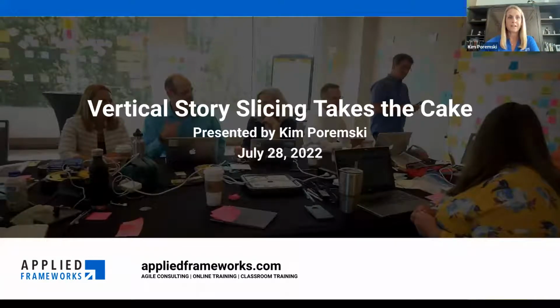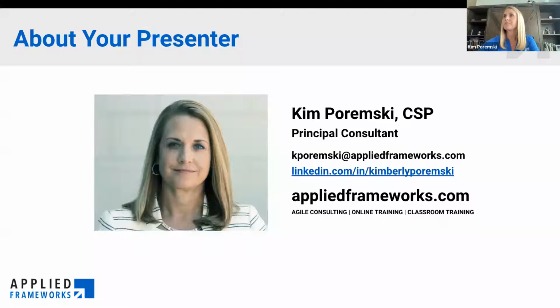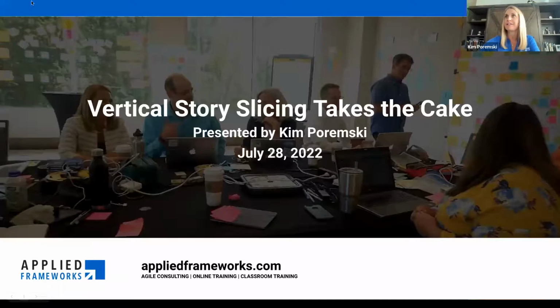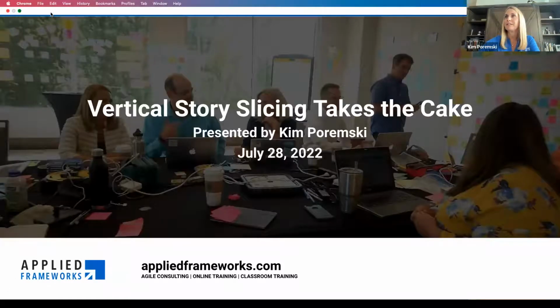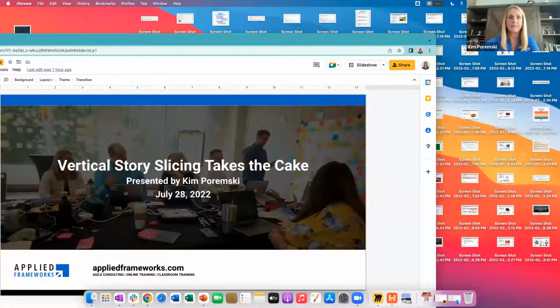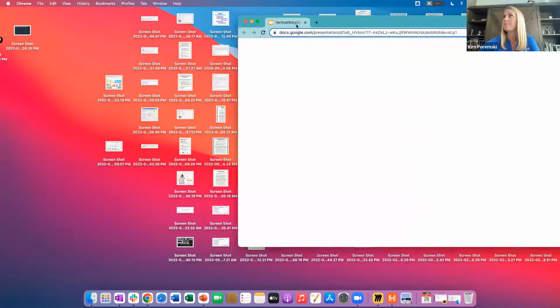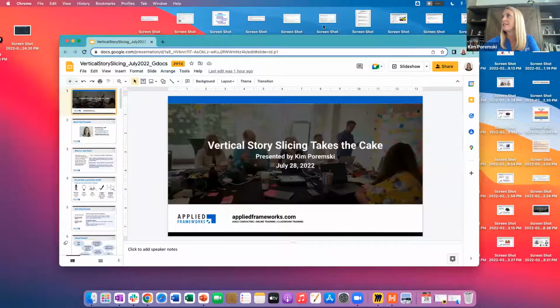Okay, let me do a quick little maneuvering here, because it looks like my display is doing some interesting things. Now you get to see my face. That's not what I want to share. Hang on one second. Let me try this one more time. It's not wanting to. Yeah, the joys of many monitors.